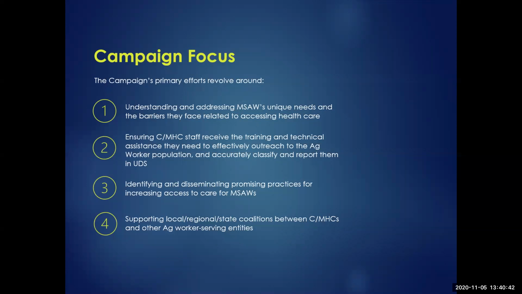We also want to ensure that community and migrant health center staff receive the training and technical assistance they need to effectively outreach to the ag worker population and accurately classify and report them in UDS. So that's what we're doing today. We also want to identify and disseminate promising practices for increasing access to care for ag workers. We know that health centers are doing a great job in coming up with out-of-the-box ideas to increase their ag worker access, and so we want to share that so that other folks can replicate it. And then also we want to support local and regional state coalitions between health centers and other ag worker serving entities.